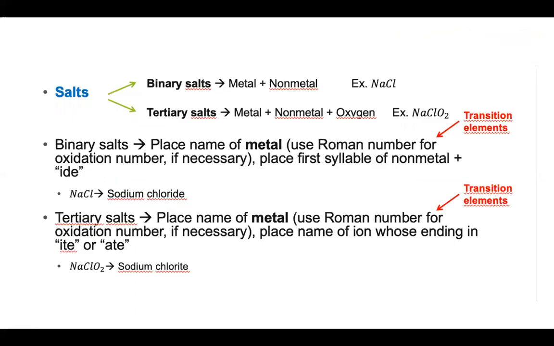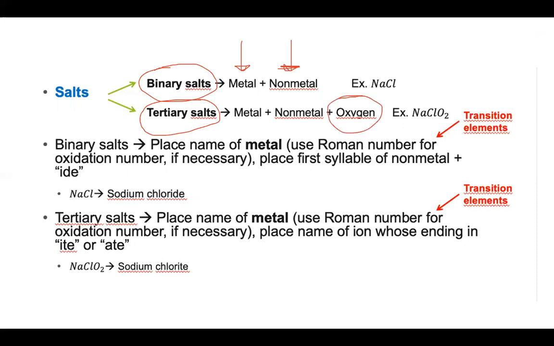Salts can be classified as binary salts and tertiary salts. What's the difference between them? Binary salts are those composed of a metal and a non-metal. The difference is that in tertiary salts, we have a third element besides the metal and the non-metal, which is oxygen.